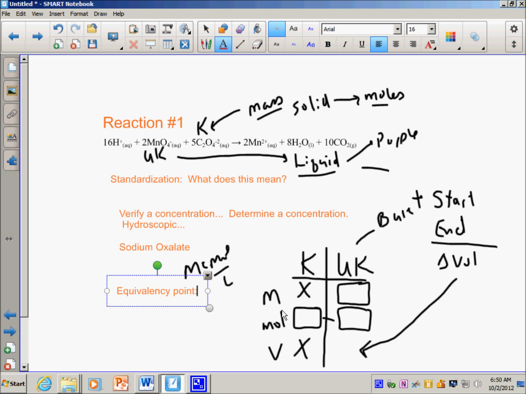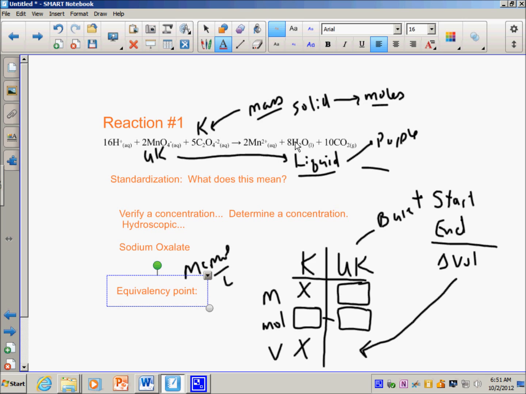For this particular lab, I am dropping the permanganate into the oxalate. This stuff, as I mentioned, is an extremely purple substance. This stuff is clear.